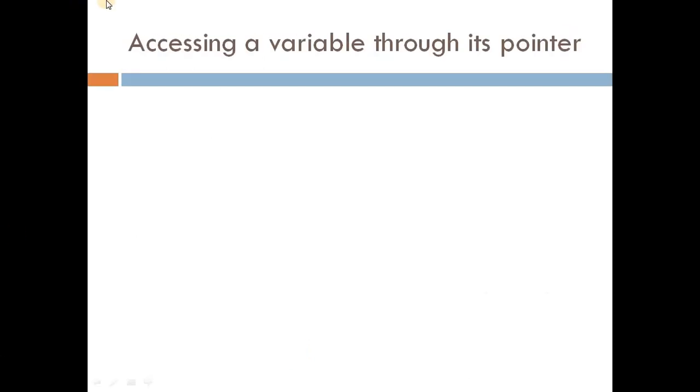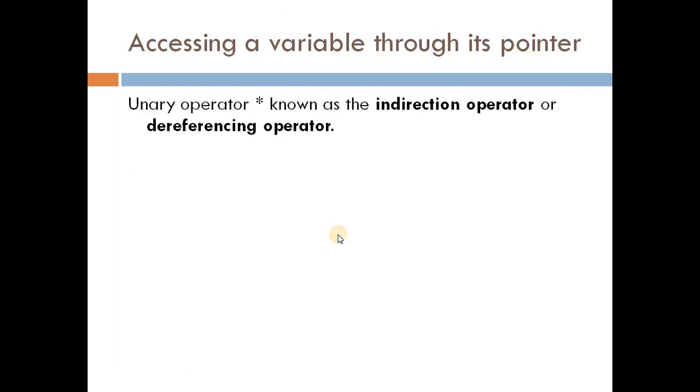Next we'll move on to the last point of today's video lecture, that is accessing a variable through its pointer. So now we have seen how to define a pointer, how to declare a pointer, how to initialize a pointer. Now we are going to access a variable by using a pointer variable.